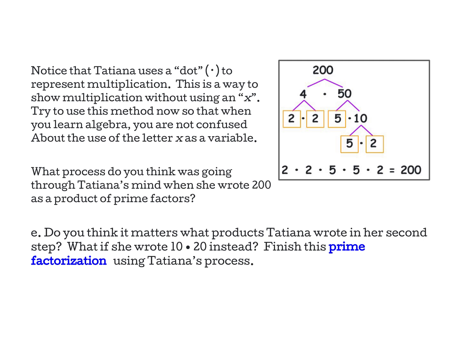This is a way to show multiplication without using an X. Try to use this method now so that when you learn algebra, you're not confused about the use of the letter X versus the multiplication symbol X. And now we want to think, what process do you think was going through Tatiana's mind when she wrote 200 as a product of her prime factors? So she has all these circles here. I'm going to make them circles because that's what we're going to do in the future.